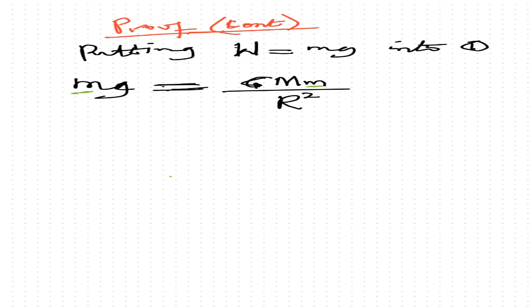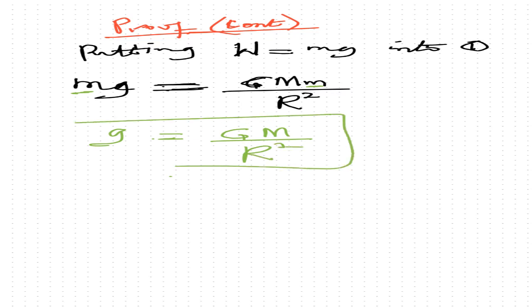Small m and small m will cancel, and we will be left with g equals GM over r squared. So it's you proving it. Very simple. We were able to prove it because of these assumptions that we make.